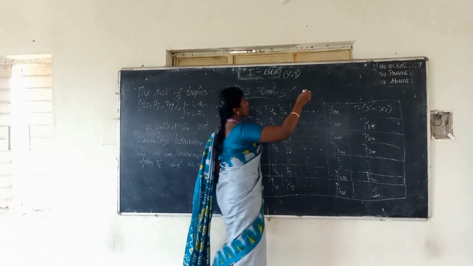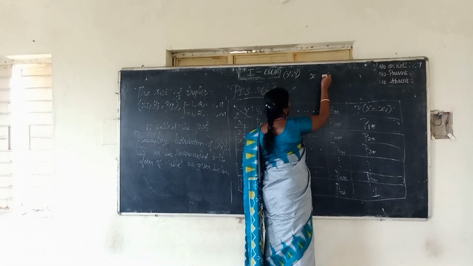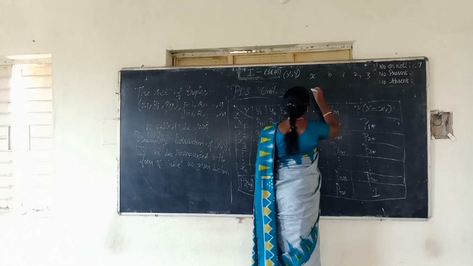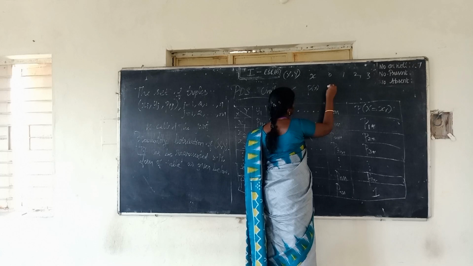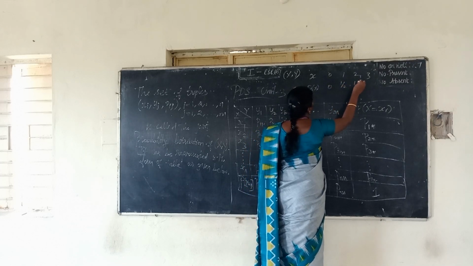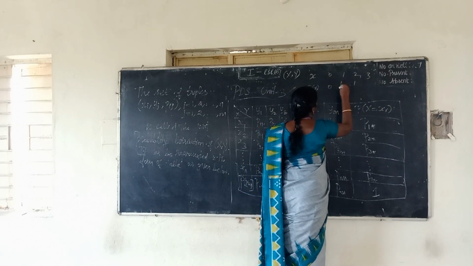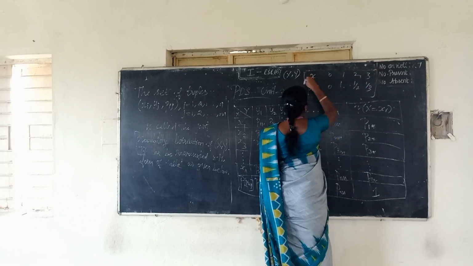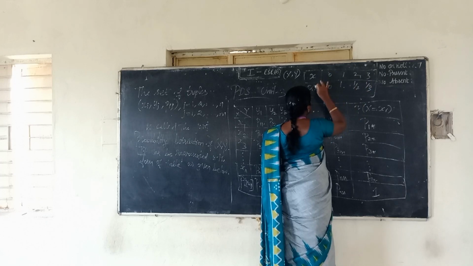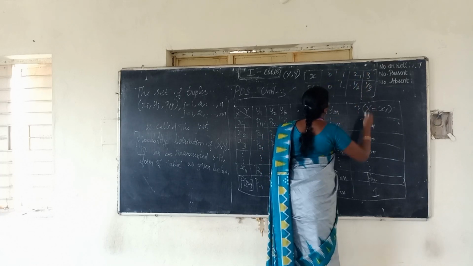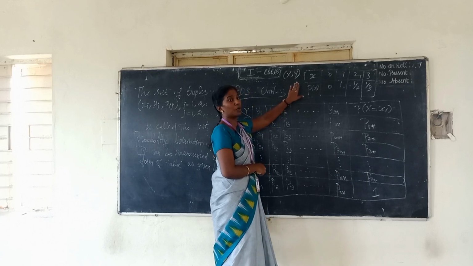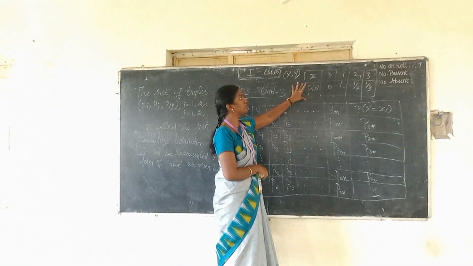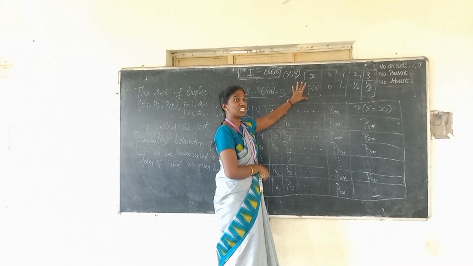In the previous case for the single random variable, for example 0, 1, 2, 3 here, and p of x they are just given 0, 1 by 2, or 1 by 2, 1 by 3, like this. This x and p(x) together, this arrangement, is called probability distribution.